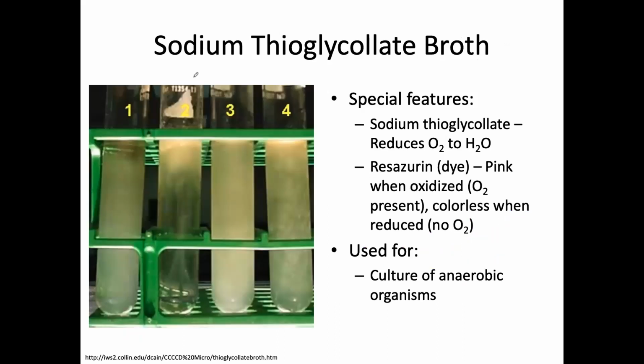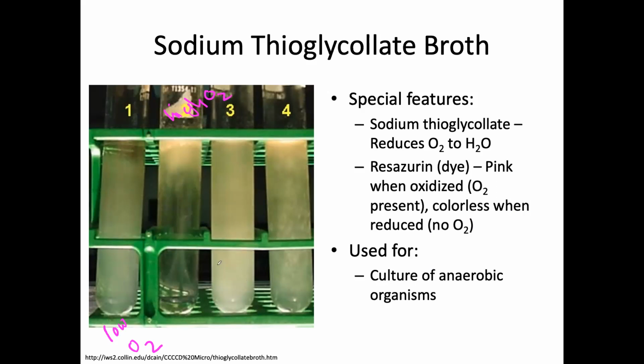Here's sodium thioglycolate. You've got a lab on that up on Connect. It's the only one I sent you. The idea again is that you can tell the oxygen requirements: low oxygen at the bottom and high oxygen at the top. That allows you to tell what the oxygen requirements are.